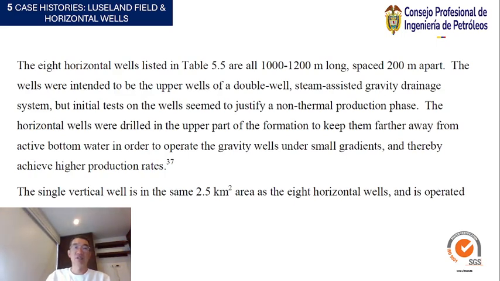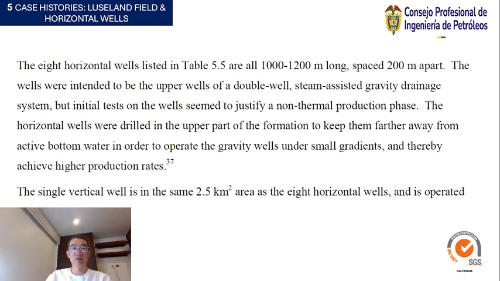The 8 horizontal wells listed in Table 5.5 are all 1,000 to 1,200 meters long, spaced 200 meters apart. The wells were intended to be upper wells of a double-well steam-assisted gravity drainage system, but initial tests on the wells seemed to justify a non-thermal production phase.